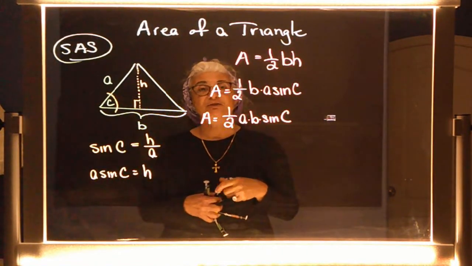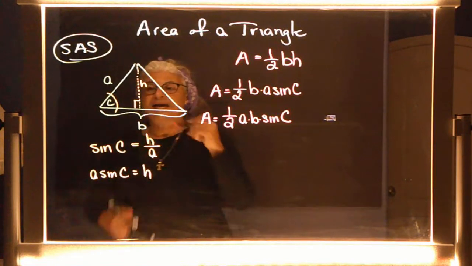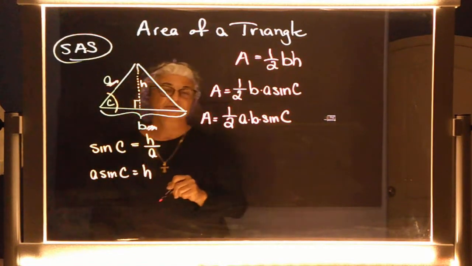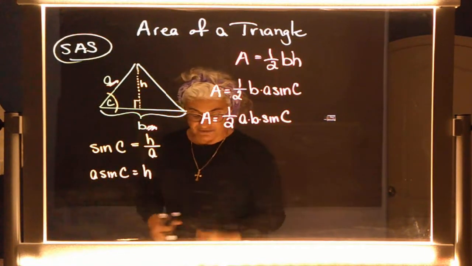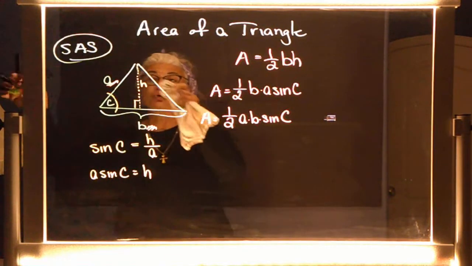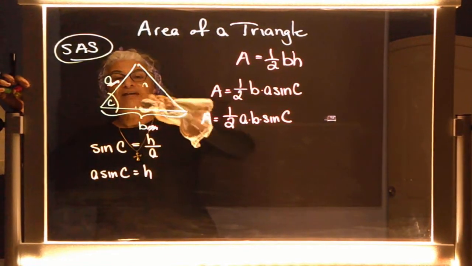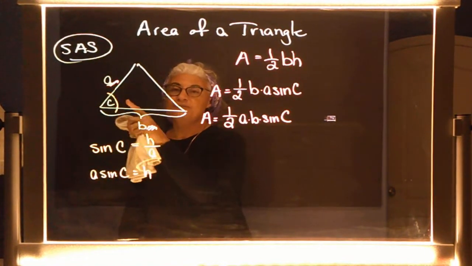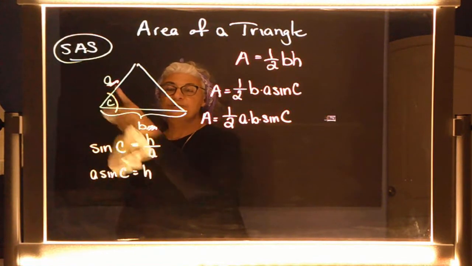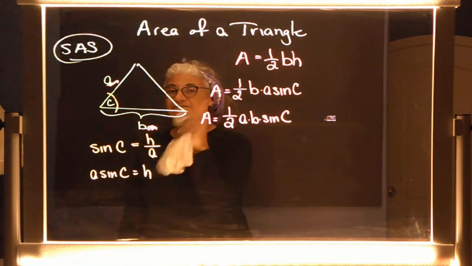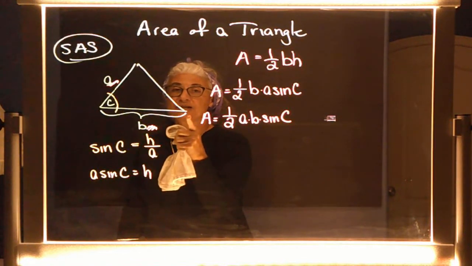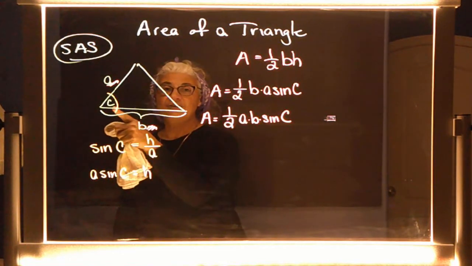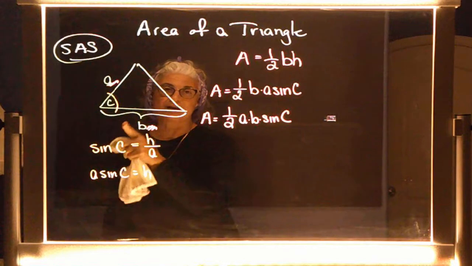If you take a look at the locations, angle C is sandwiched between sides A and B. So to find the area of a triangle where I actually don't know the height, if I knew one angle sandwiched between two sides, then I could find the area of this triangle by using the sine of the angle and multiplying it by the two sides around it.